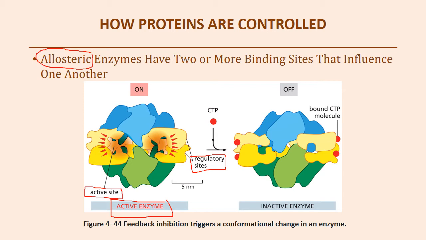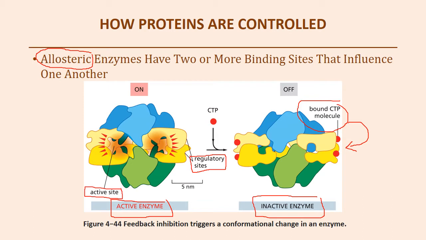On the other hand, when the enzyme is turned off, oftentimes there will be a regulatory protein that will bind over on the regulatory site. When it binds onto the regulatory site, it can cause a conformational change, among other things, to happen to the active site, thereby making it harder for additional ligands to bind.